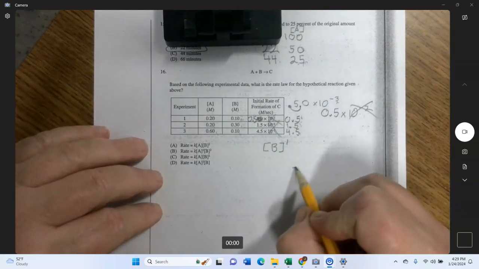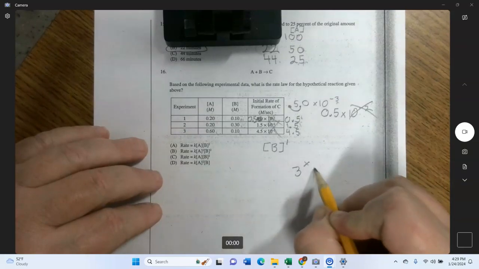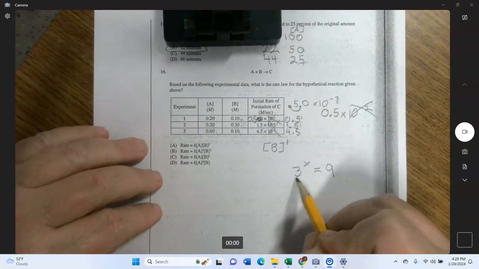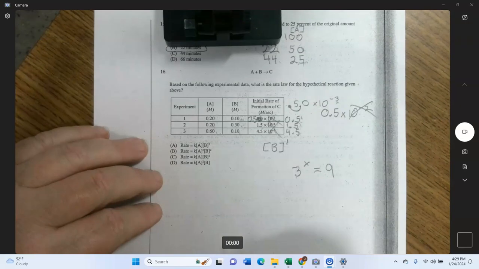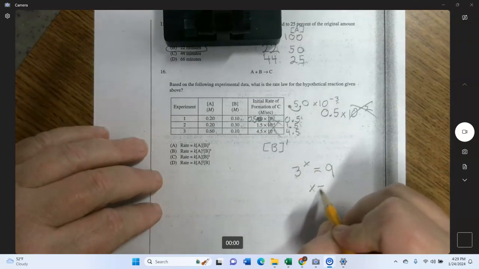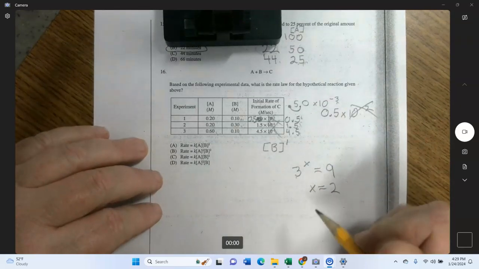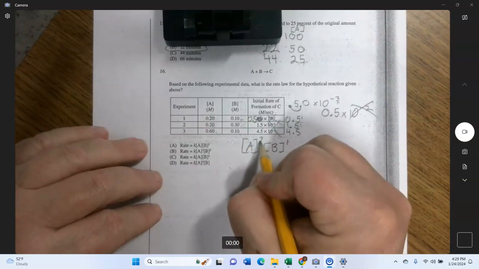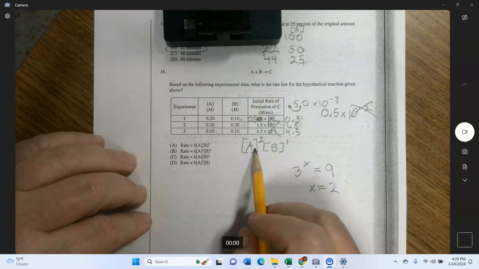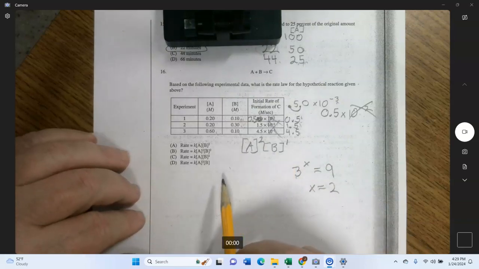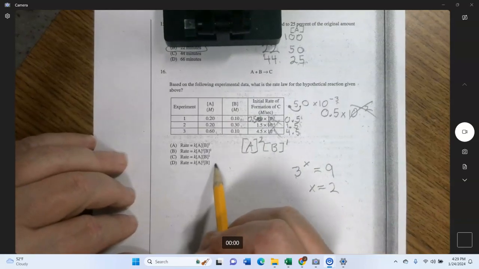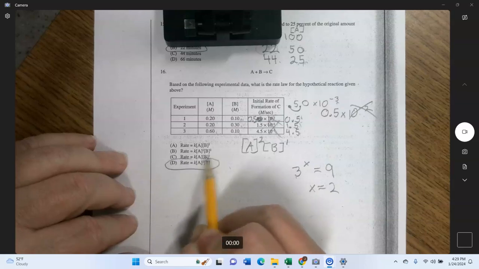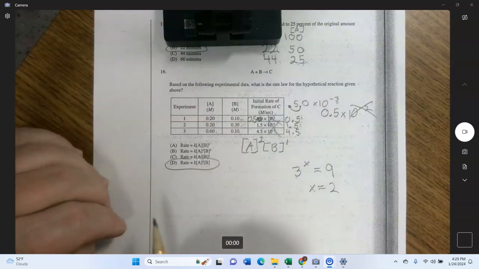So if I say 3 to the x power equals 9, so that was the increase in concentration, that was the increase in rate, then x equals 2, so that's second order. So that means A is second order, okay? So it's A squared B to the first, and so that is going to be this one right here, D, okay? A squared B to the first, okay?